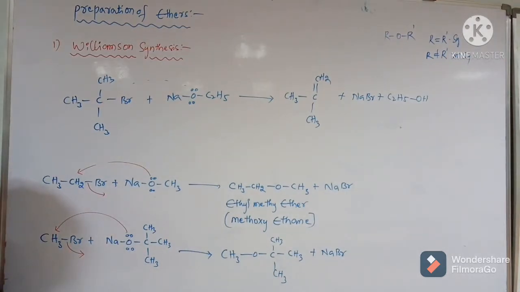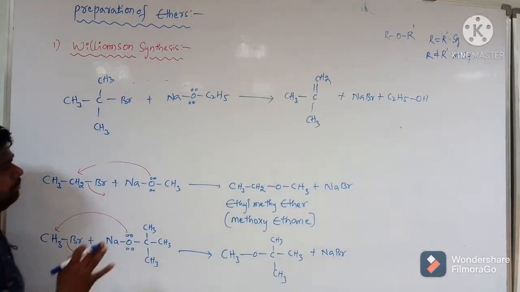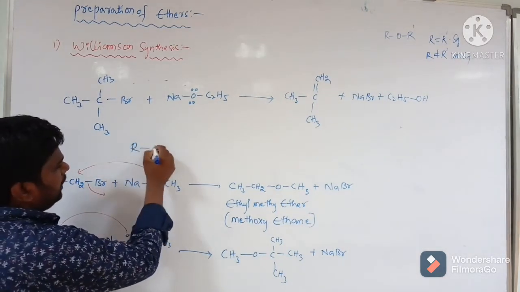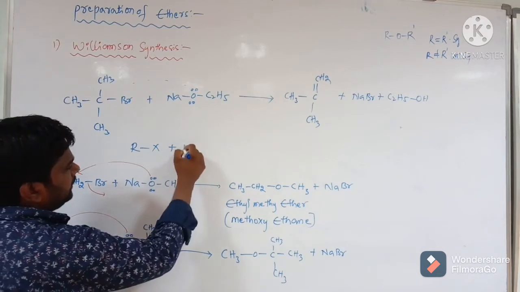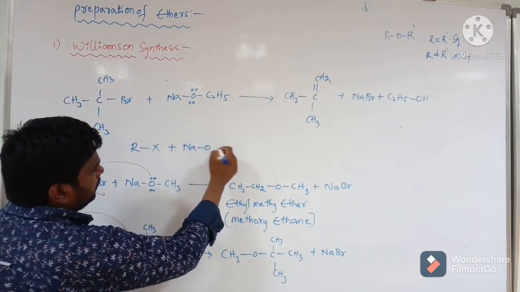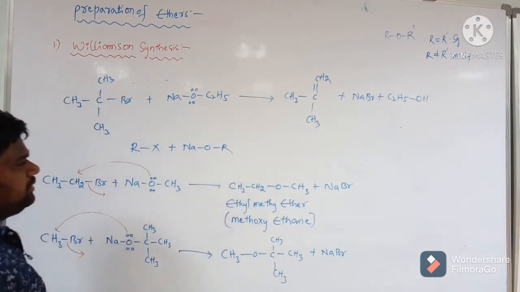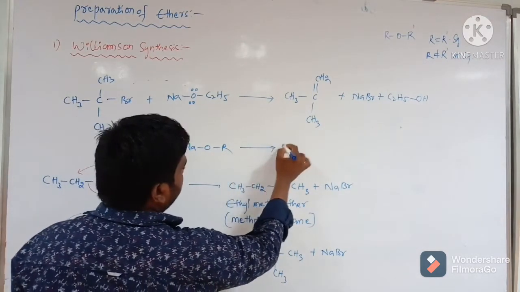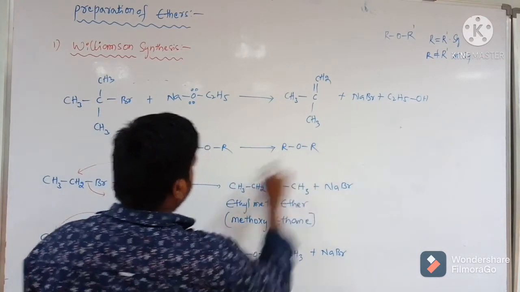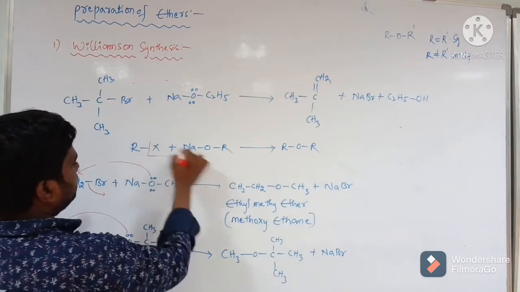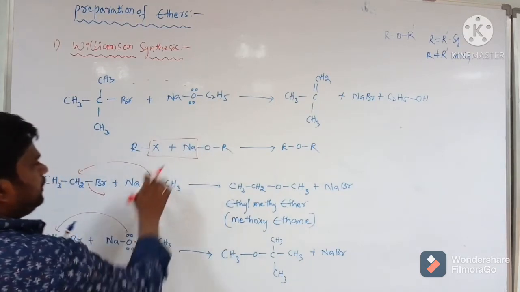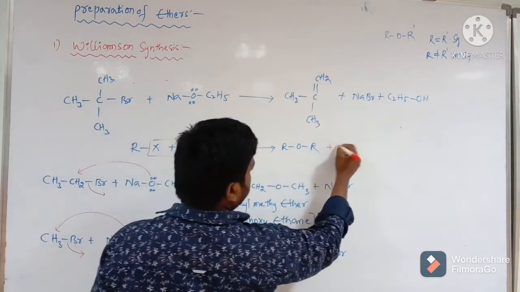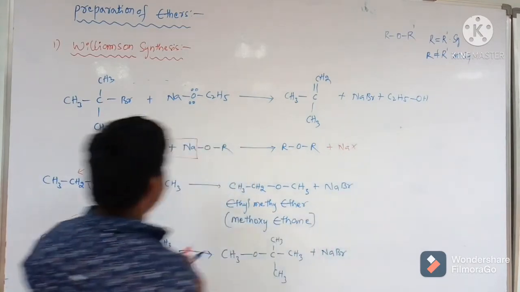So the Williamson synthesis reaction step is an alkyl halide reacting with a sodium alkoxide, and we get ROR plus NaX. This is one of the laboratory methods.